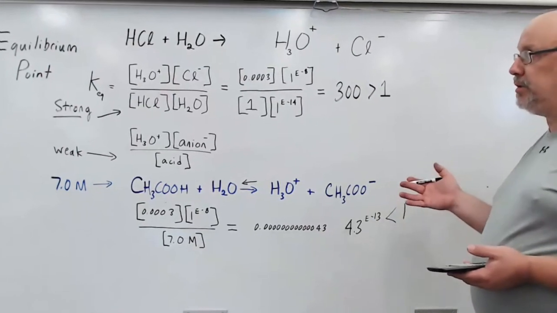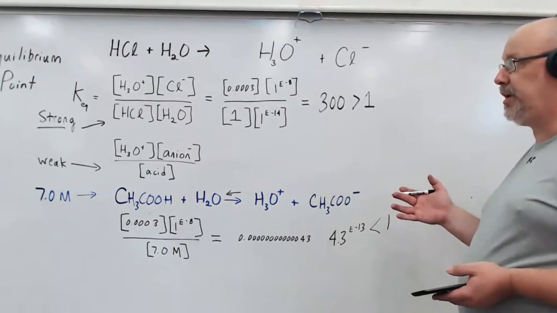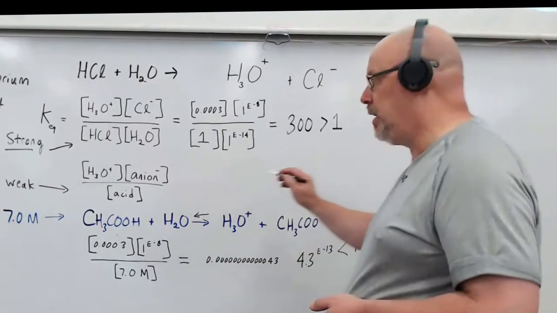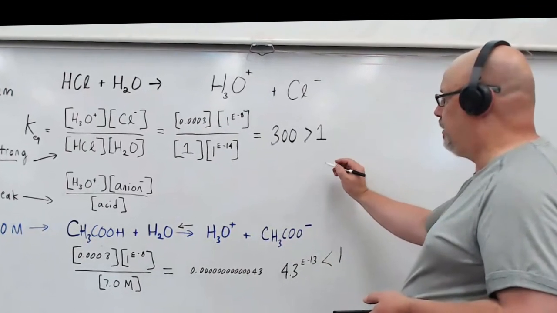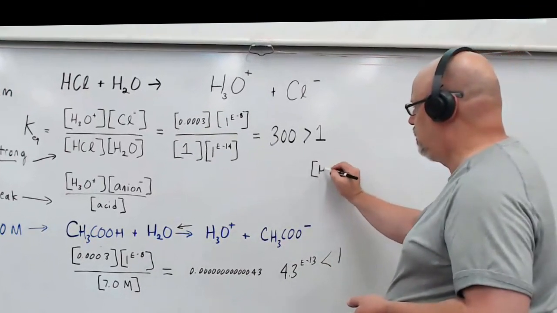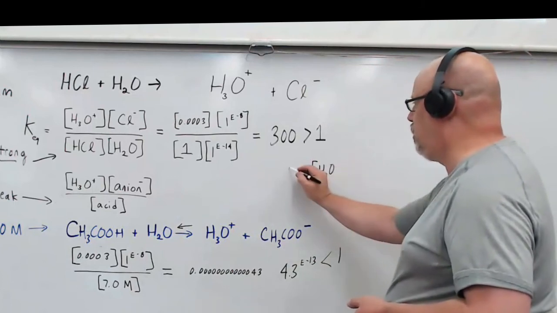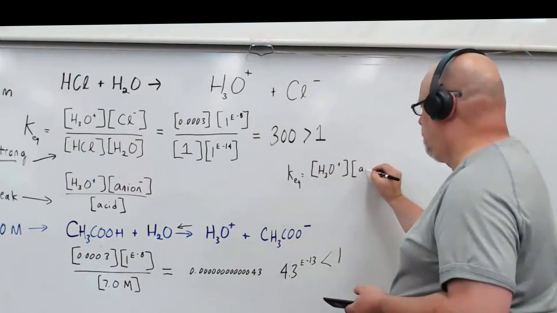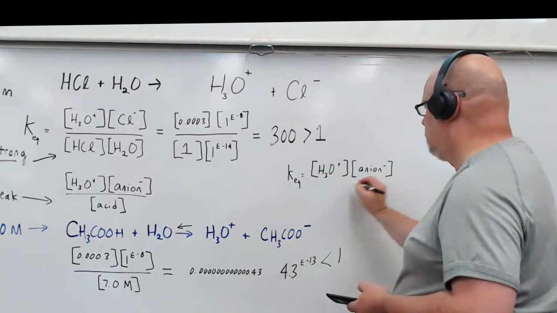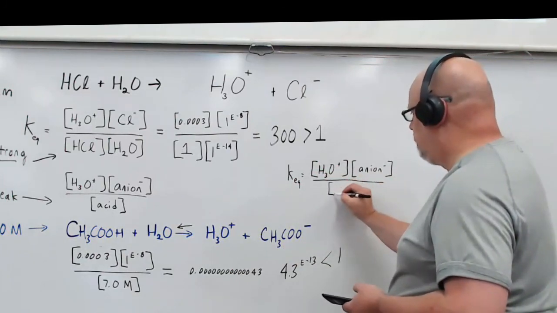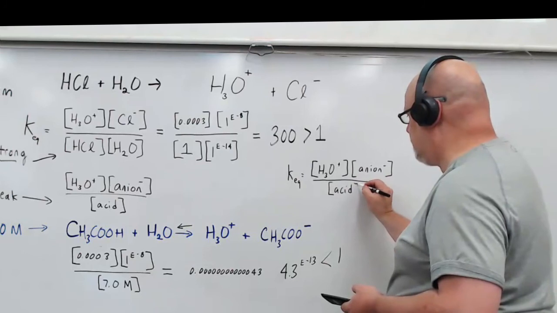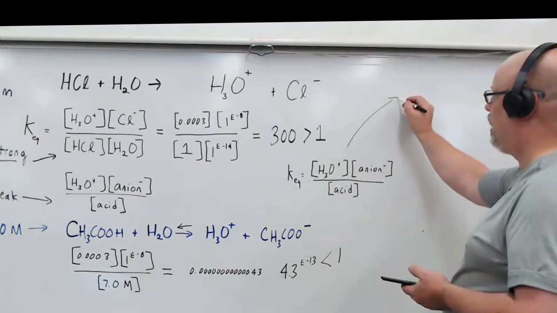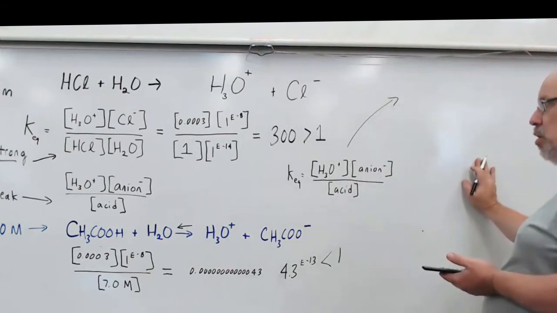Now, other wrinkles are possible, so I'm just going to briefly take this definition for a weak acid and point out that yes, the K sub EQ does equal the concentration of the products, hydronium and some anion, divided by the concentration of the acid. Okay? And since that's true, by algebraic rearrangements, we can solve for any unknown.